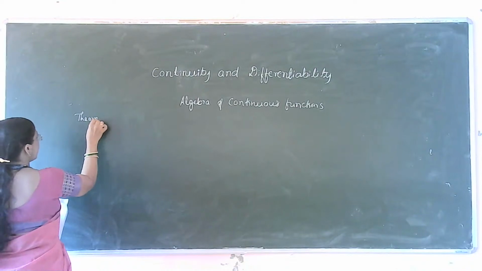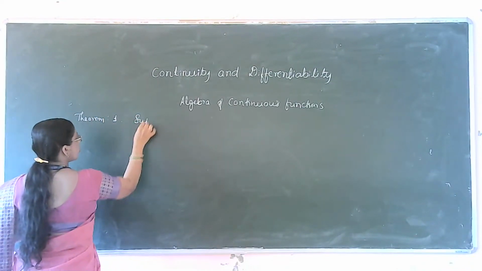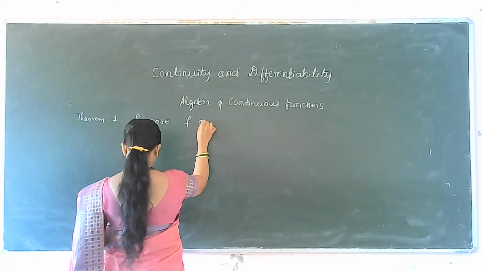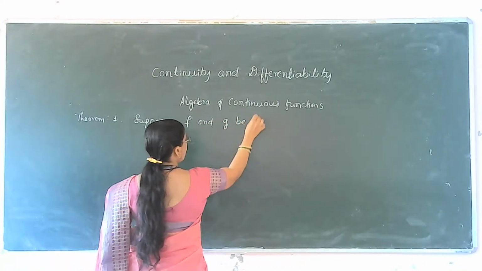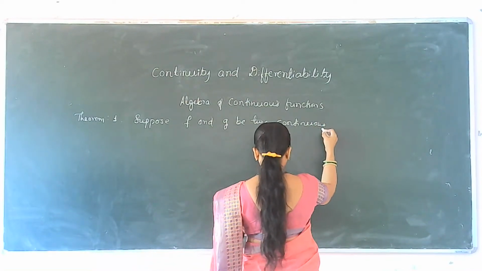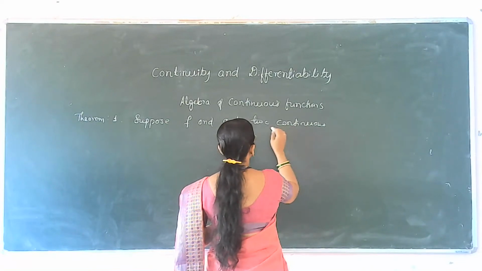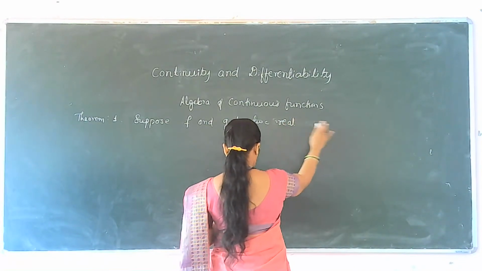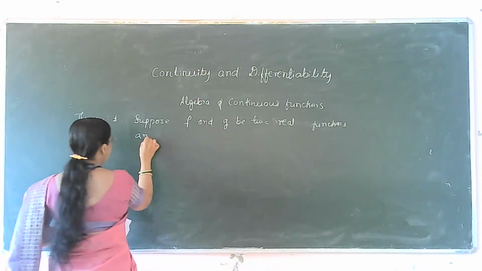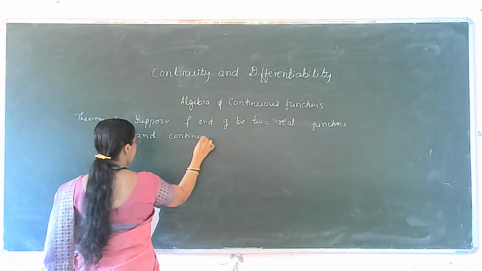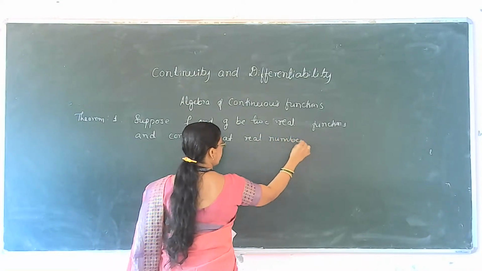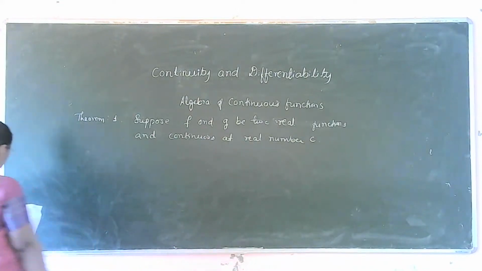Theorem 1. Suppose f and g are two continuous functions, two real functions, continuous at a real number c.